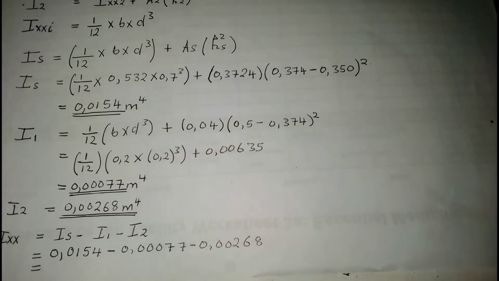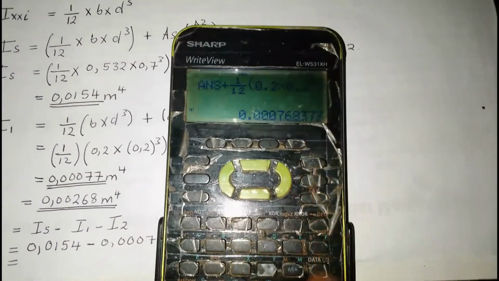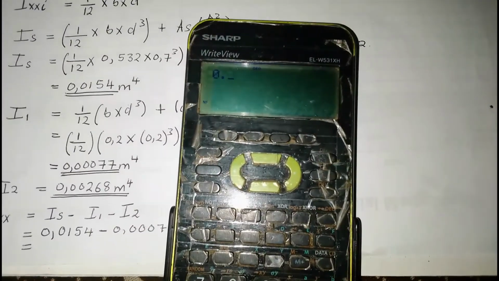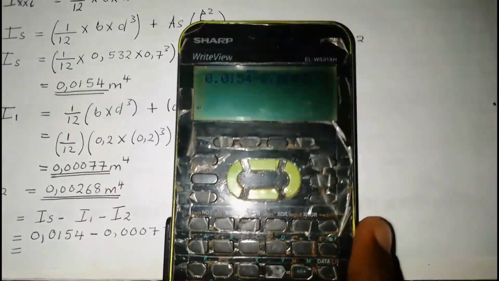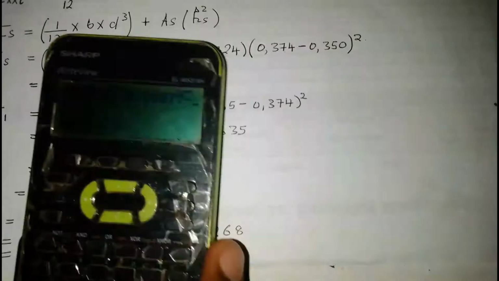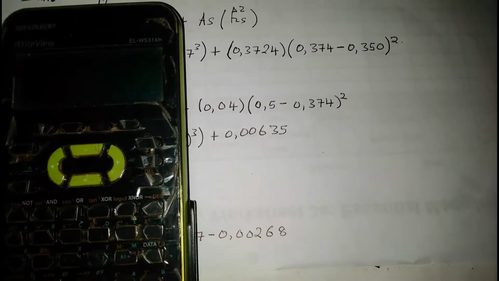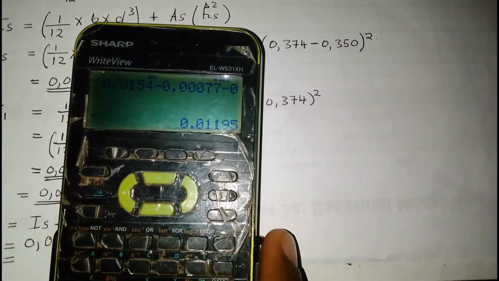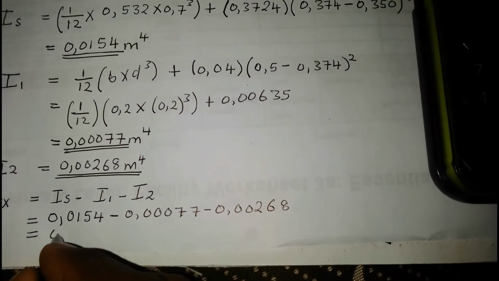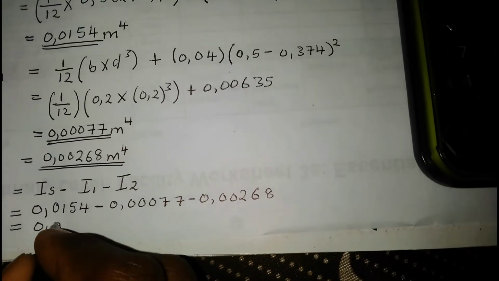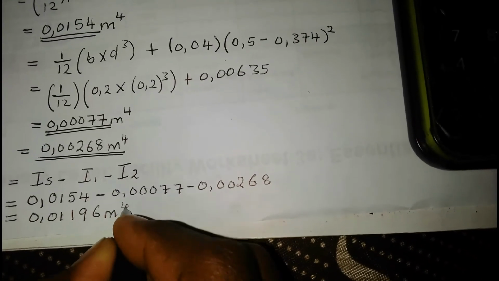So now the final answer, let us use our calculator here: 0.0154 minus 0.00077 minus 0.00268. Our answer will be 0.01195. I'm going to write it here, 0.01195, and these are the units.